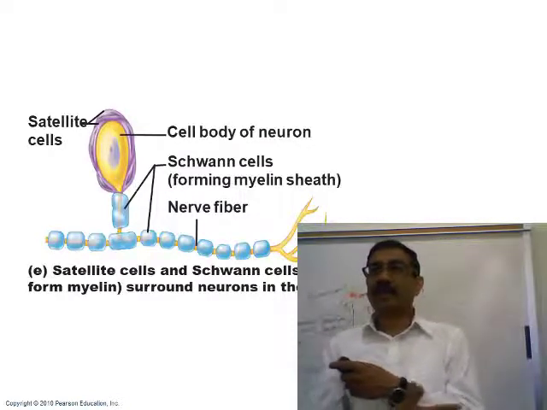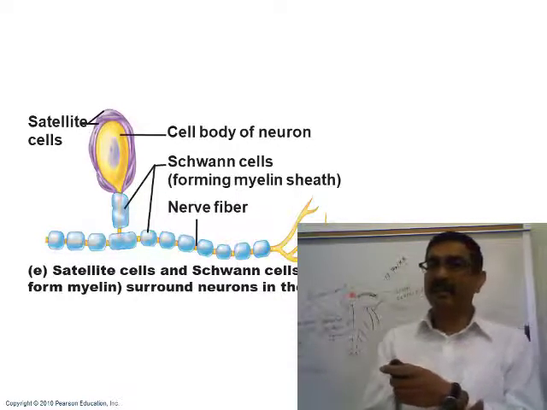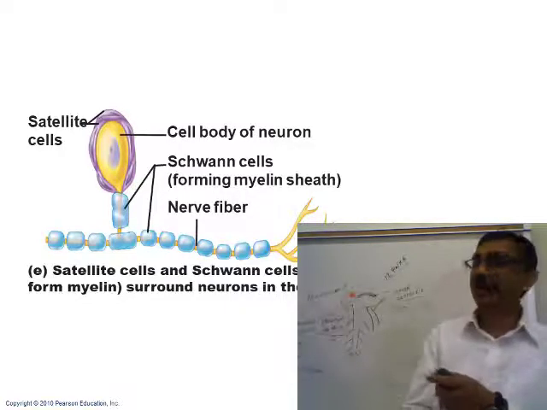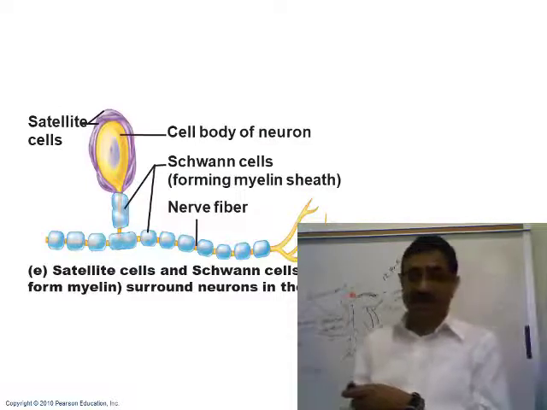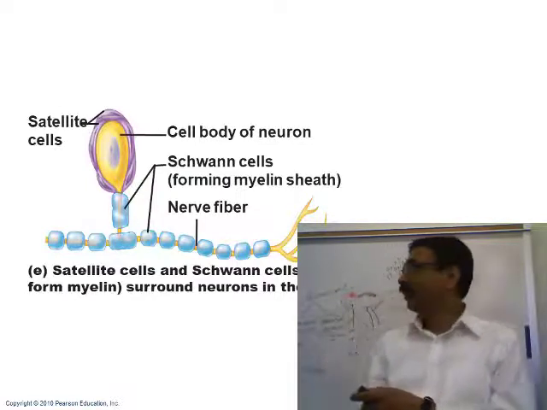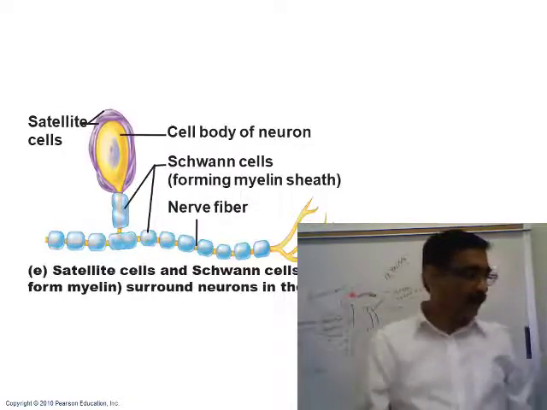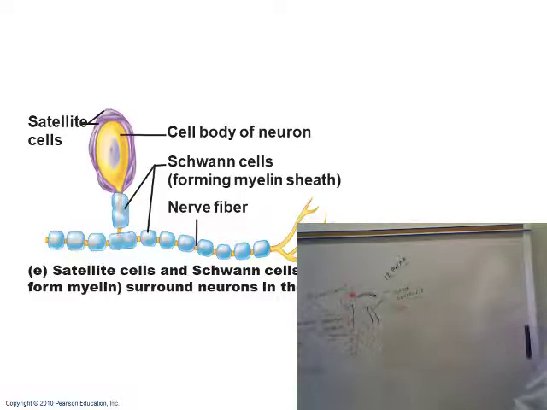So around the cell body, the satellite cells form insulation, and around the axon, Schwann cells form the insulation. Okay. So you see here, around the cell body here, these are the satellite cells, and around the axon, these are the Schwann cells. Okay.